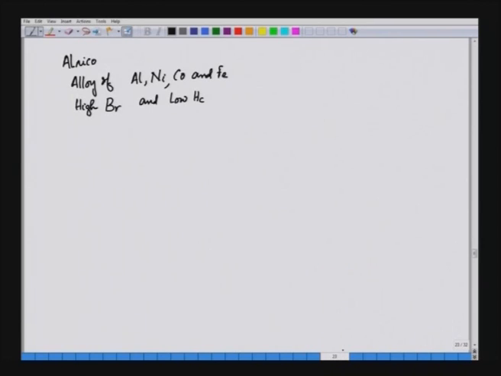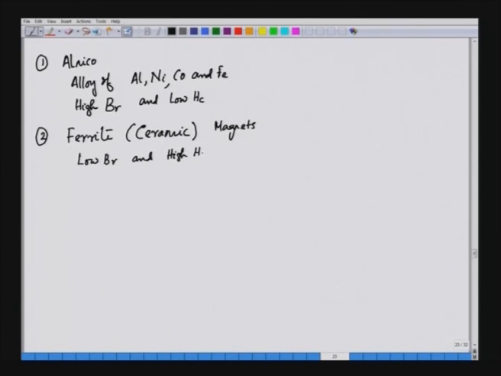Now, what is the characteristic of ferrite? Number 1 is Alnico, number 2 is ferrite, or they are also called ceramic magnets. They are characterized by a low Br and high Sc, low residual flux and a high coercive force.